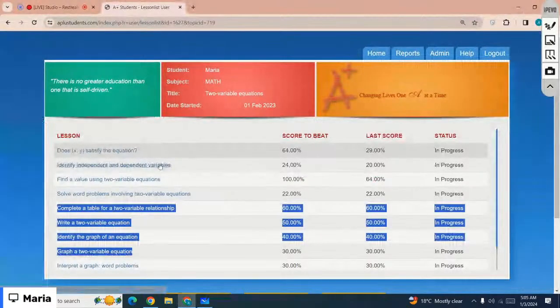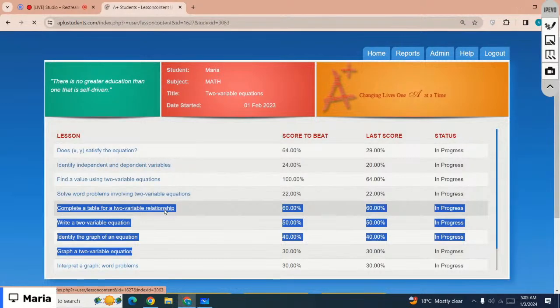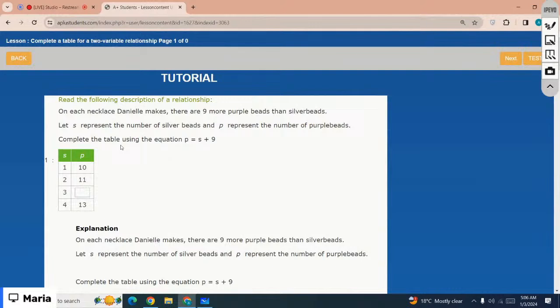So here I am on grade 7 math. The chapter we're working on is two variable equations. Let's just start with the lesson, that is complete a table for a two variable relationship.